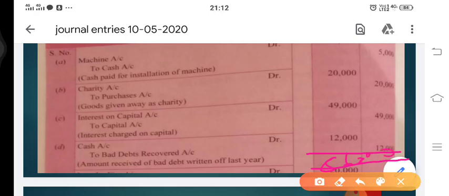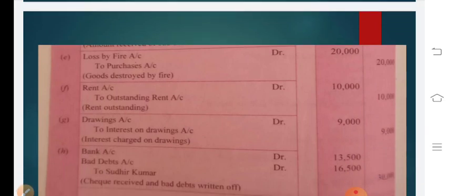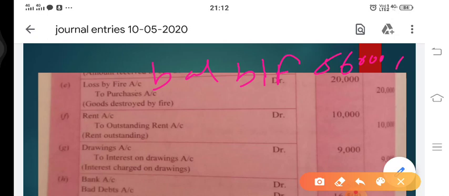So here we'll write total of 86,000, and here we'll have to write balance carried forward, balance c/f. And when we move to the next page, we'll start with balance brought forward. That is 86,000 and 86,000, both debit and credit. And then we'll move towards the journals.